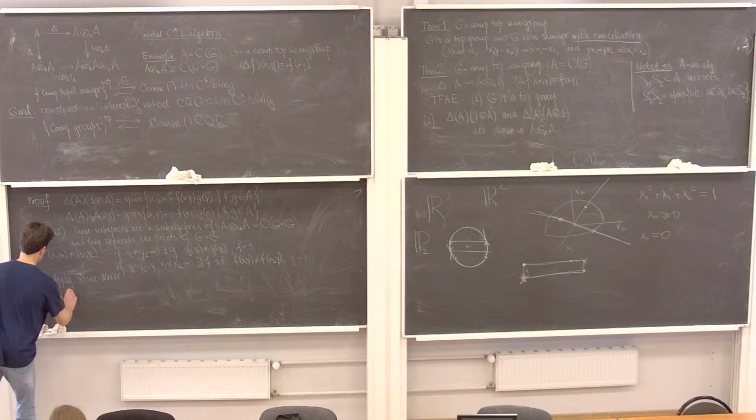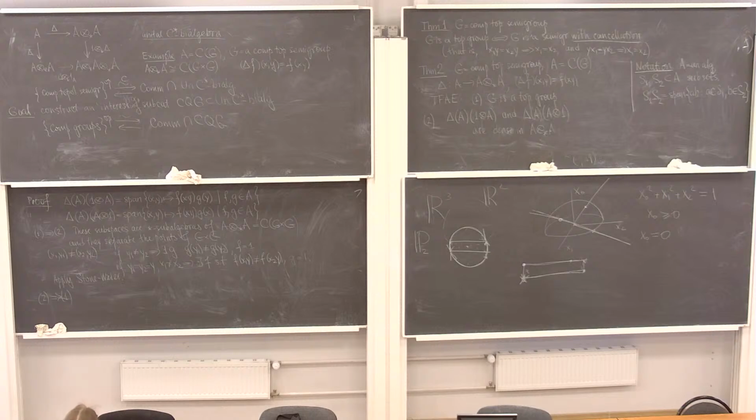Let's now show that 2 implies 1. So suppose these two subspaces, subalgebras, are dense, and so we have to show, by theorem 1, that G satisfies the cancellation property.